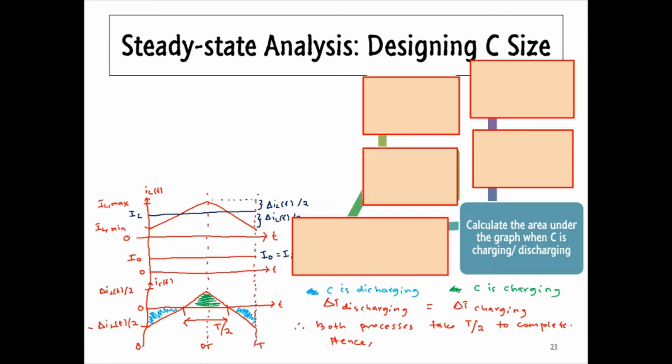For the next calculation, please choose one area only, either the area during discharging process or the area during charging process. Please choose the area that you can calculate easily. For this reason, I will choose the green area.